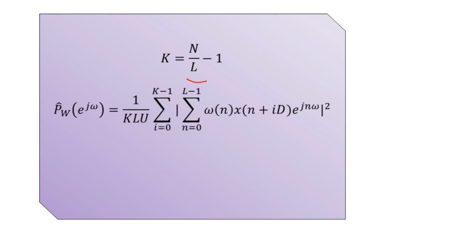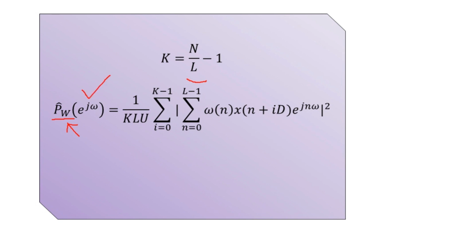Next, for power spectrum estimation with Welch's method, the power spectral density estimate is represented by capital P hat with suffix W. The representations vary with the suffix. For the periodogram method, we write P hat with suffix PER in small case, as a function of e to the power j omega.